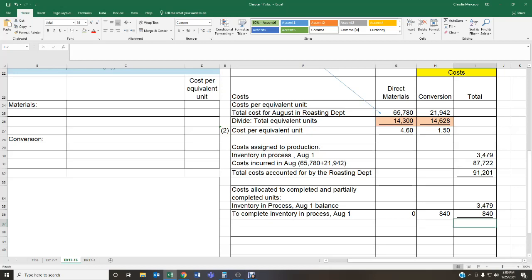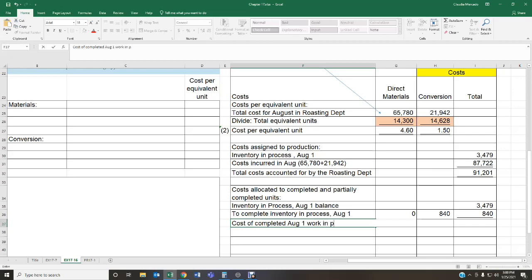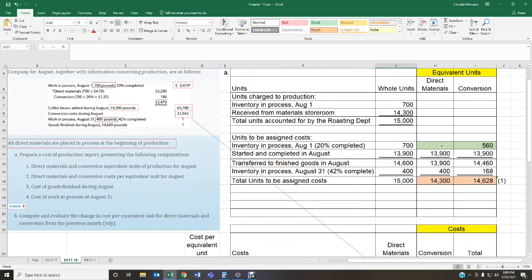Now I've got the cost of completing the August 1st work in process. I know that I had spent $3,479.